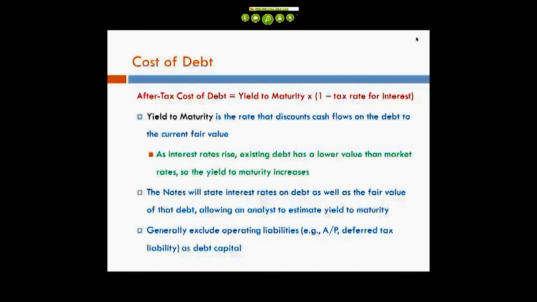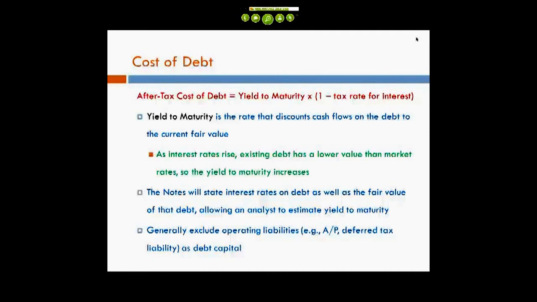That bond's not worth as much as it used to be worth. It's not paying you enough. So the yield to maturity takes into consideration that the interest rates have changed and the periodic payments that you're getting for that bond are not adequate based upon the current risk in the market.